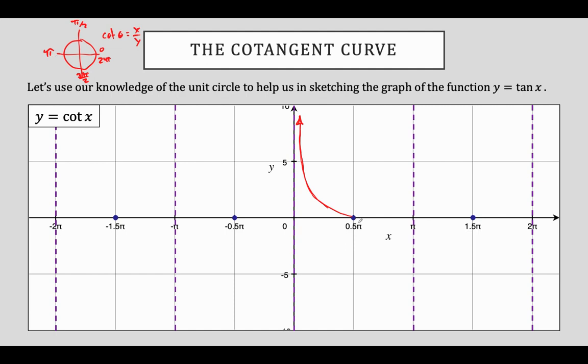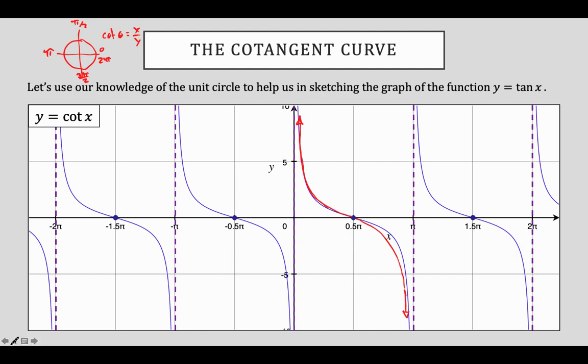Therefore, my outputs of this cotangent function have to be negative, which means as I approach this vertical asymptote, my graph must go down. All right. So there we have the shape of one period of our cotangent function. And again, notice all these functions, they repeat themselves. They are periodic. And so here we have the graph of y equals the cotangent of x.